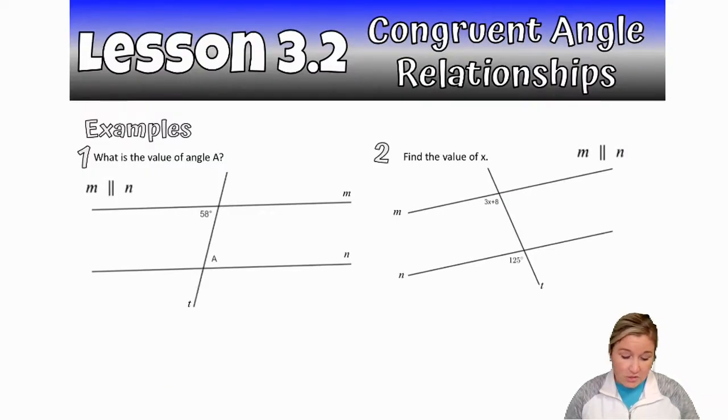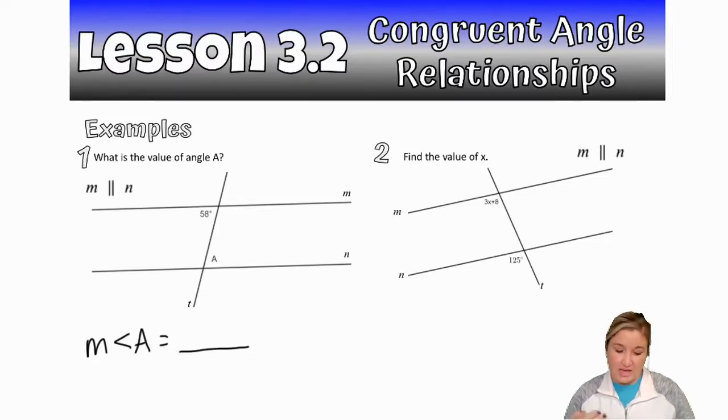So let's take a look here. We're going to try to find the measure of angle A, or the value of angle A. So we can name this as the measurement of angle A equals our answer. That's another way for them to ask what is the measure, or how many degrees, so to speak, for angle A. So we'll note that 58 is given to us, and we're trying to find A. Well, in doing that, I need to identify these types of angles.